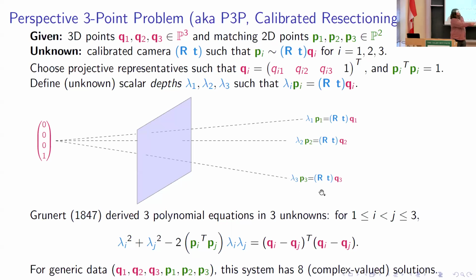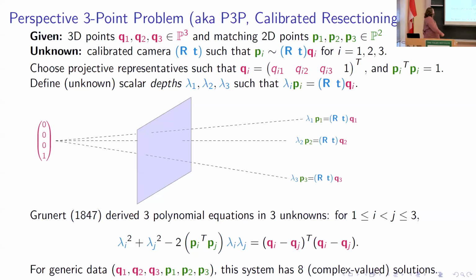So in fact, not only are the rotation and translation unknown, but also these scalars are unknown. So how far along the ray from this origin do I have to go to scale each point in P2, or each representative of a point in P2, to meet the projection using this calibrated camera matrix? So everything blue in this picture is unknown, green and magenta are given.